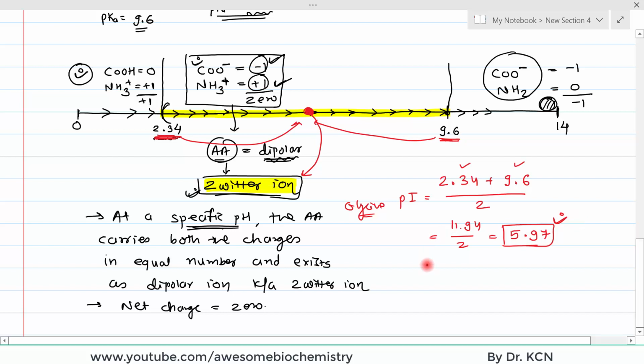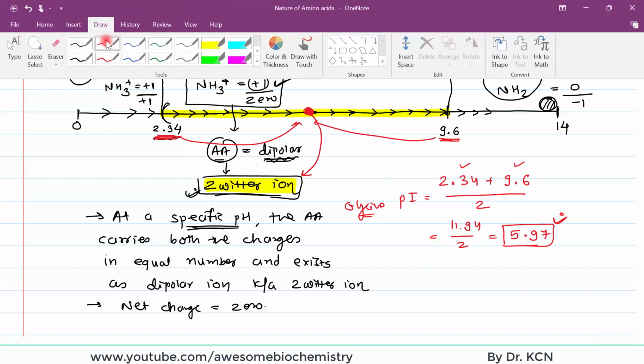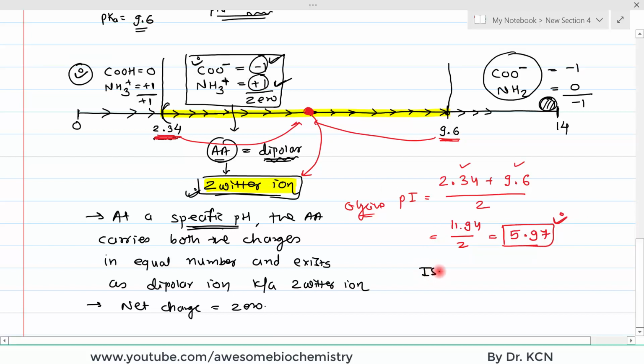So, what will be the definition of isoelectric pH? It is the pH at which a molecule exists as a Zwitterion or dipolar ion. So, let us write down the definition.